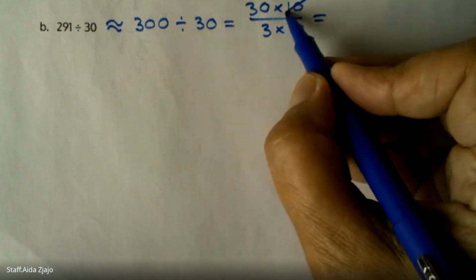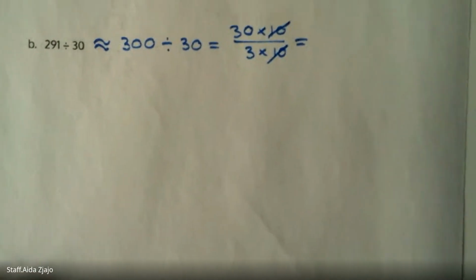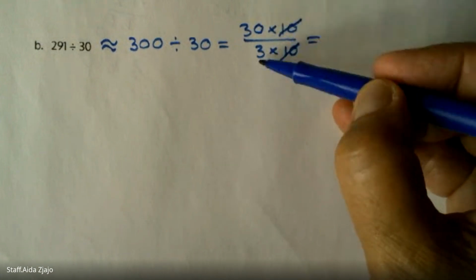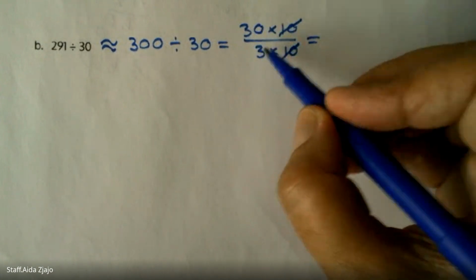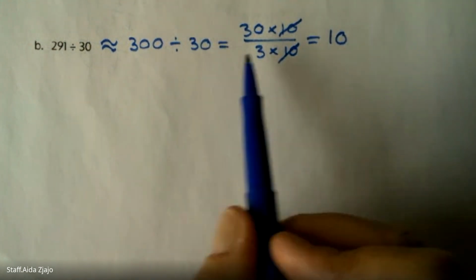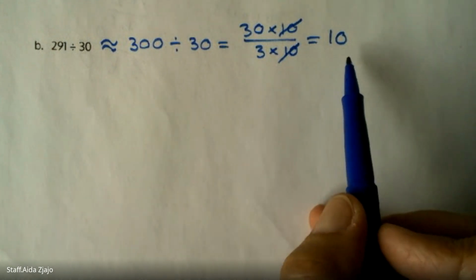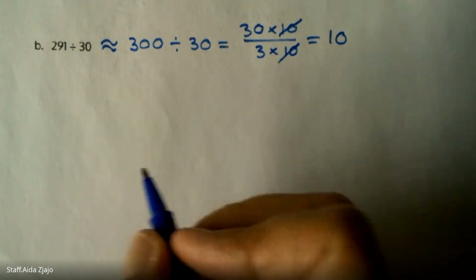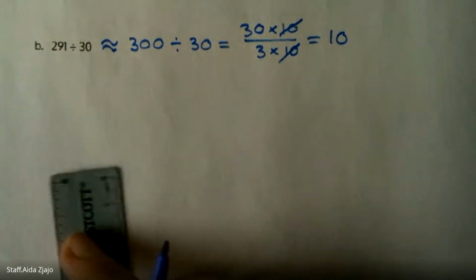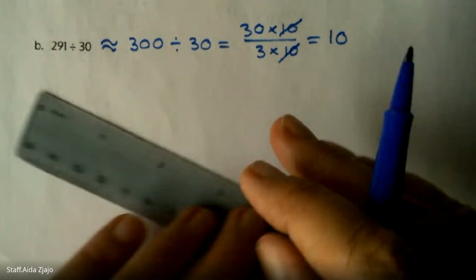So 10 and 10 is going to be 1. So 1 times this number is the same number. 30 divided by 3 is 10. So my estimate is the answer has to be about 10. Let's see how it's going to be. It will be in between 9 and 10.